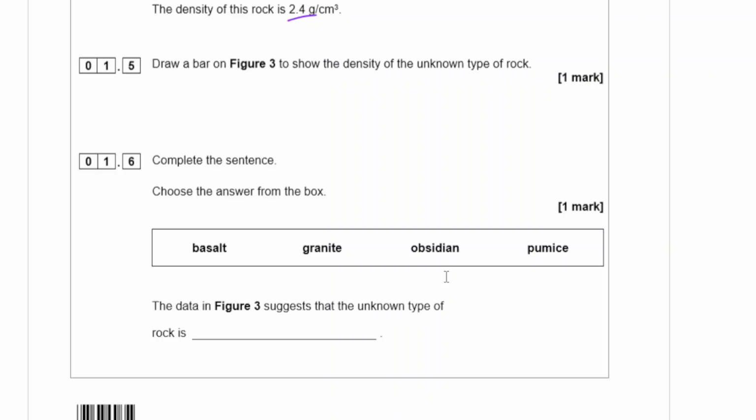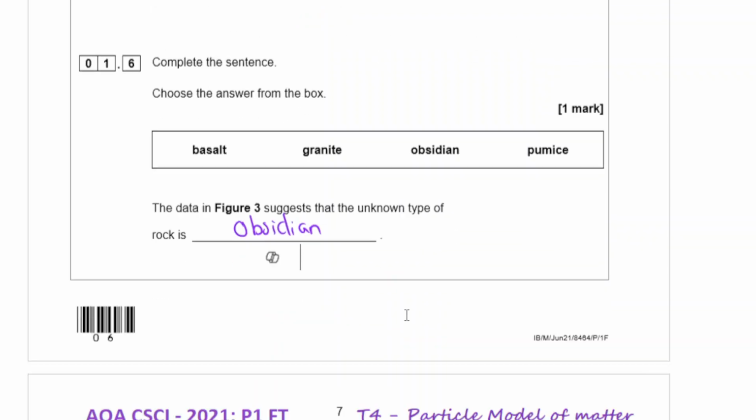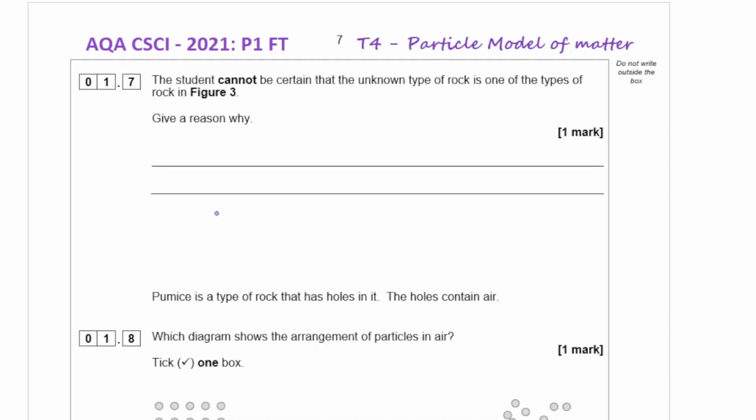Choose the sentence. The data in figure 3 suggests that the unknown type of rock is obsidian because it's the same height. The student cannot be certain that the unknown type of rock is one of the types of rock in figure 3. Give a reason why.